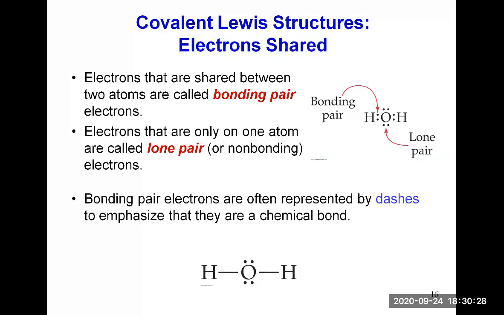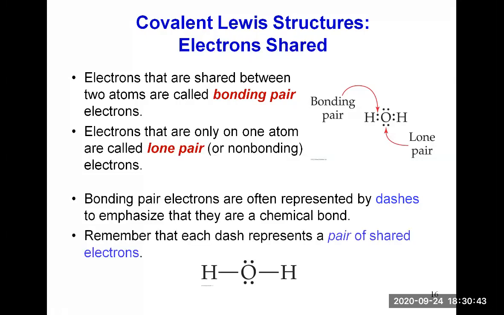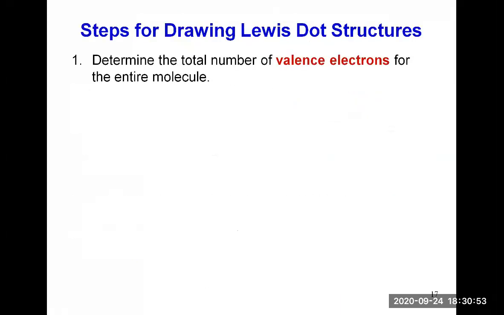Bonding pair electrons are often represented by dashes to emphasize that they are a chemical bond. And I prefer that you do this representation with the dashes over the ones with the dots. Remember that each dash represents a pair of shared electrons, so there are 2 electrons for every line.